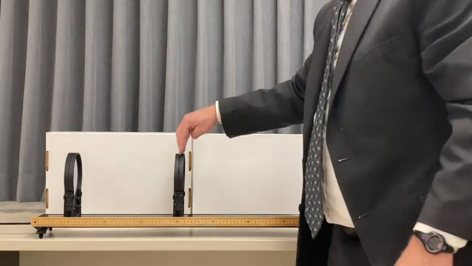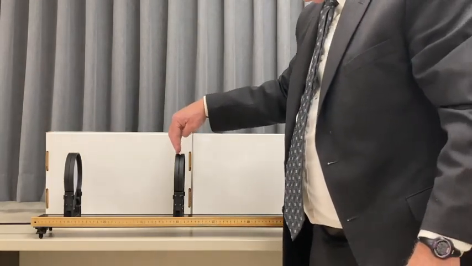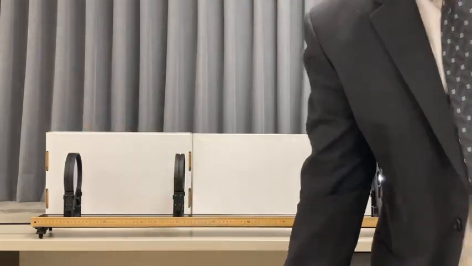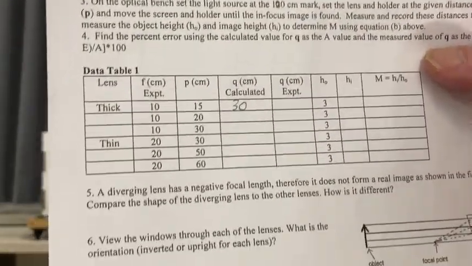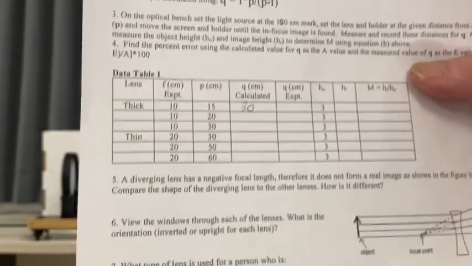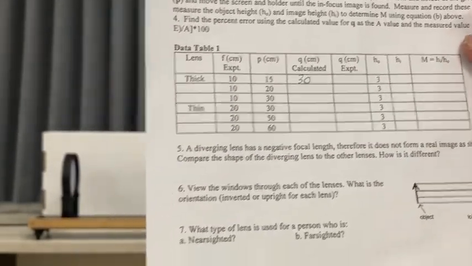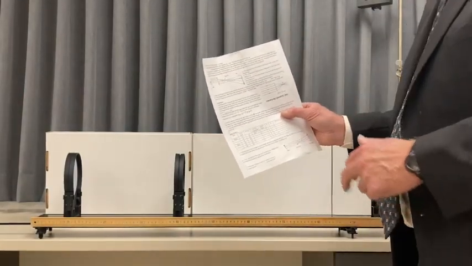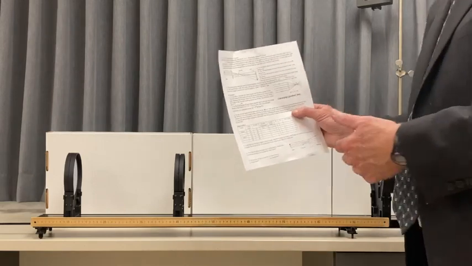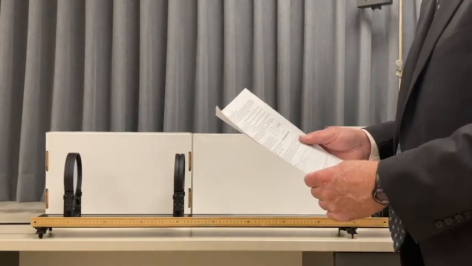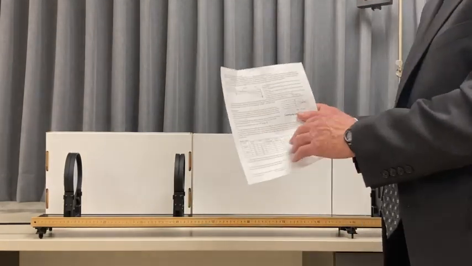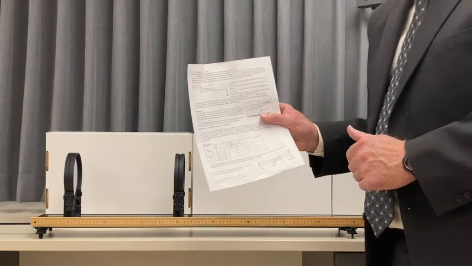So if this is 60, we measure, and this is at the 40 mark, this is the 10. So for the last case of P is 60, we get Q experimental is at 30 centimeters. So from there, again, the magnification is given by the image height divided by the object height that we just talked about before. So that is the lab as far as that's concerned, and you can do your data from there.